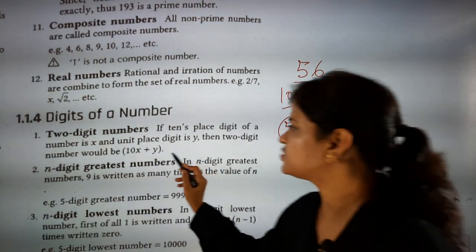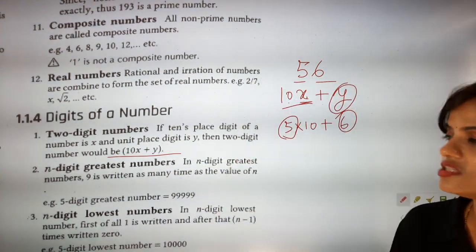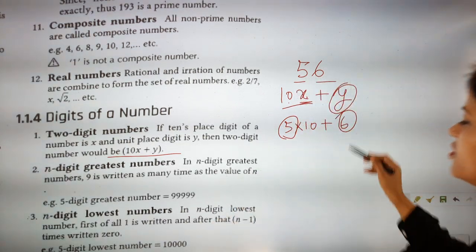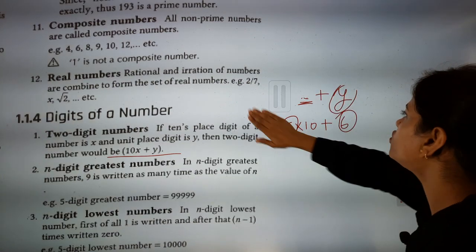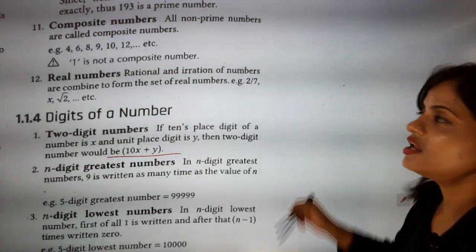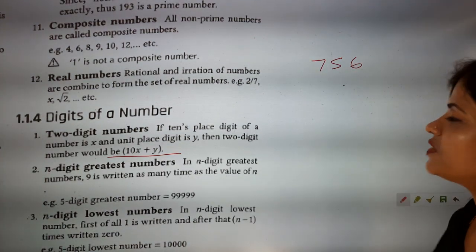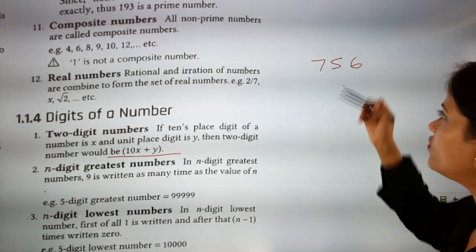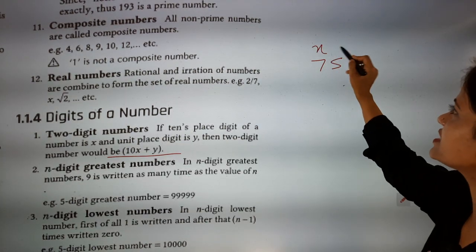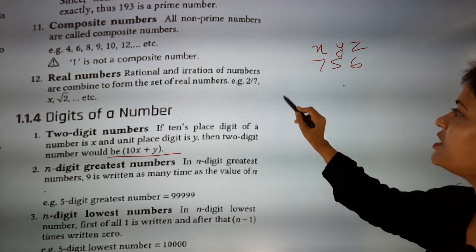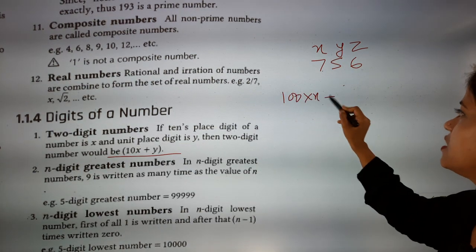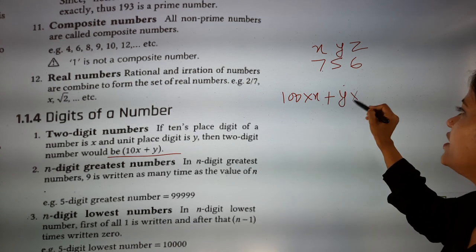So if I want to represent a 2-digit number, it will be presented as 5 into 10 plus 6. But if I want to present a 3-digit number like 756 in variable form, how are we going to write it? We will write this is x, this is y, this is z. Then in variable form, x is in the hundreds place, so 100 into x. y is in the tens place, so y into 10.